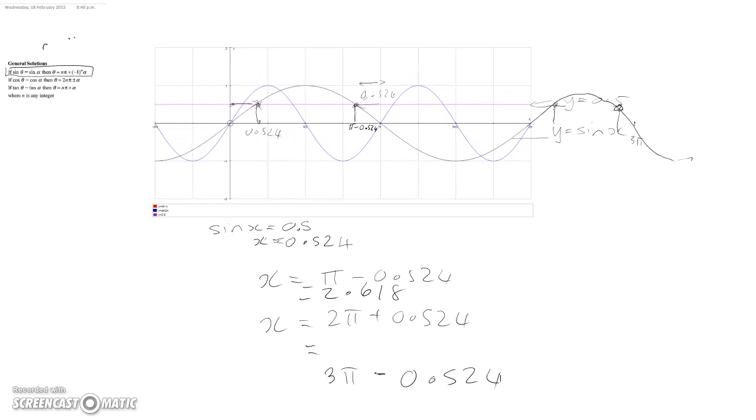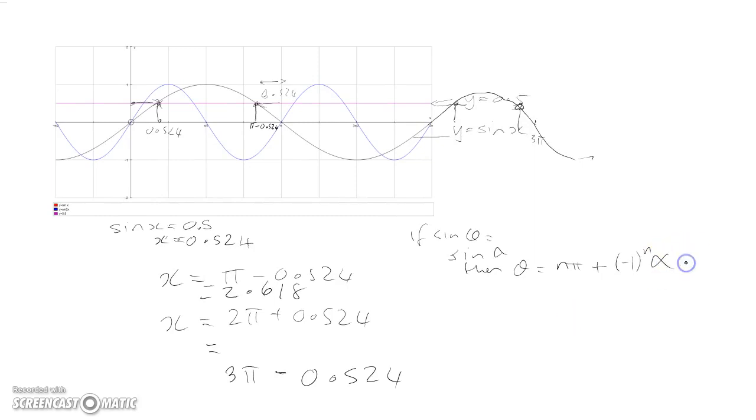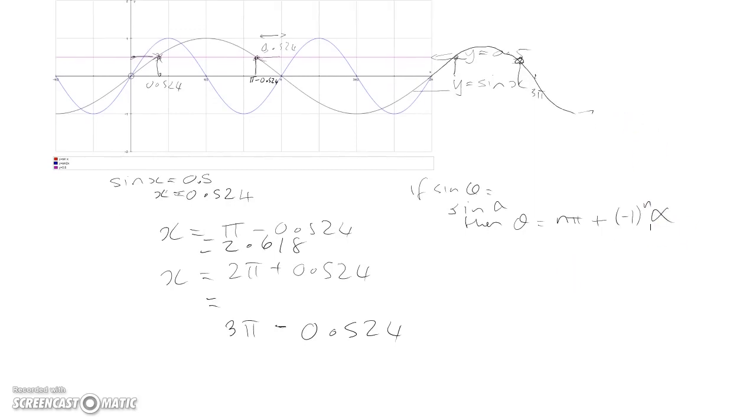You've got it there. It says that if sine theta equals sine alpha, then theta equals n pi plus minus 1 to the n alpha. So let's look at these then.